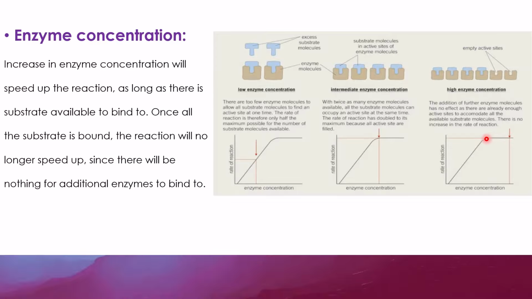That is, the reaction still remains the same. So an increase in enzyme concentration after the intermediate enzyme concentration will have no effect on the rate of reaction, and this is the nature of the graph that is seen over here.